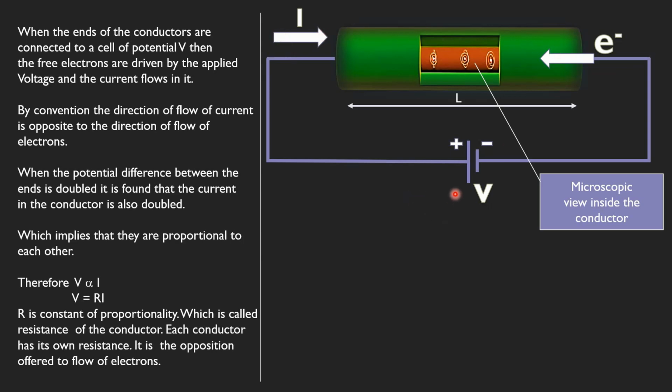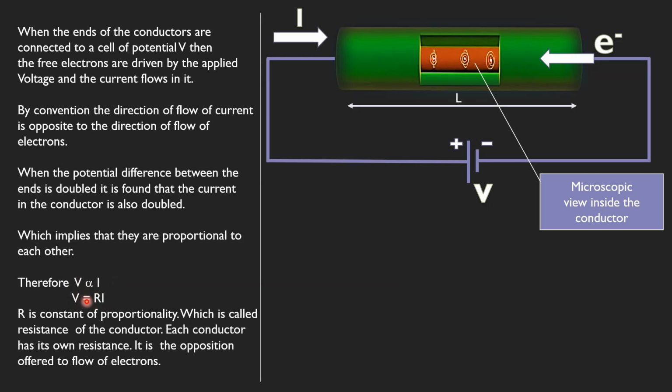Suppose the potential is doubled, now it is 10 volt, the current is also doubled, which means that V and I are proportional to each other. So we can write V is proportional to the current I, and the proportionality constant can be included for equating these two factors.